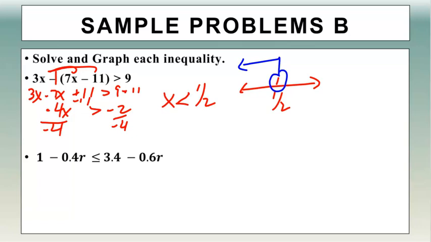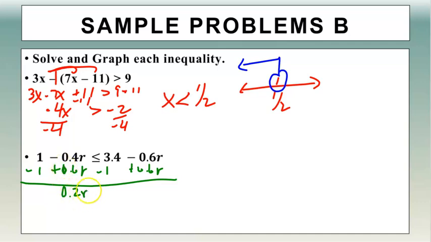Next, get all the r's to one side, to the left. So I'm going to add 0.6r to both sides. That means I'm going to subtract 1 on both sides. That leaves me with 0.6 minus 0.4 is 0.2r is less than or equal to 2.4.